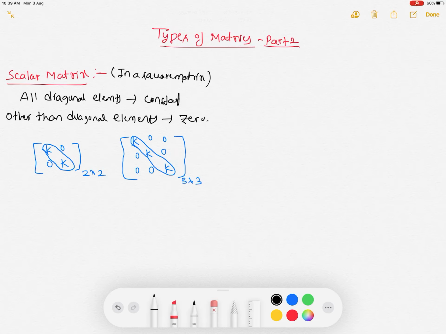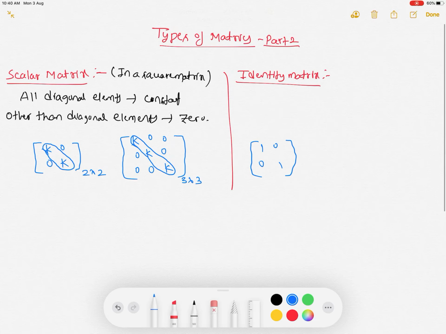Next we will go to the next type, the identity matrix. The identity matrix is also a special case of a scalar matrix. All of the diagonal elements are 1 and the elements other than the diagonal are 0. Then that square matrix is called an identity matrix. To become an identity matrix it should first be a square matrix.